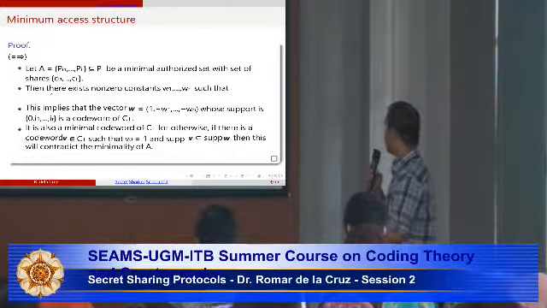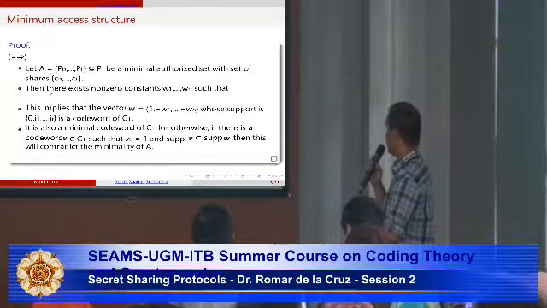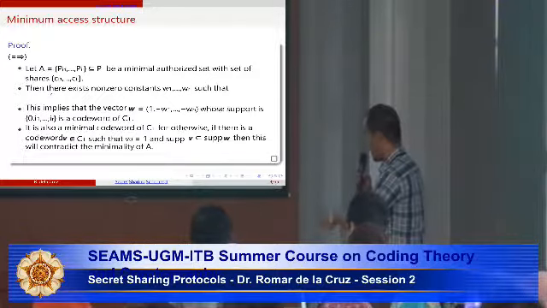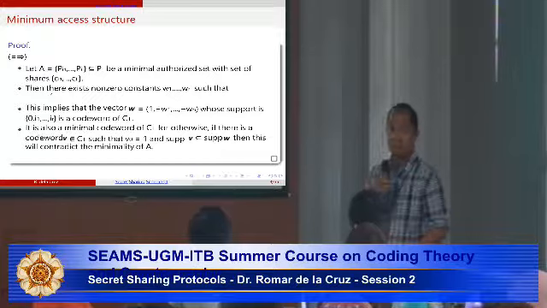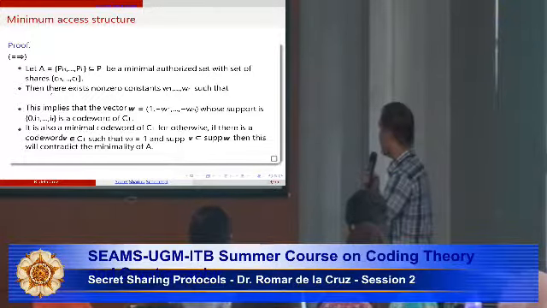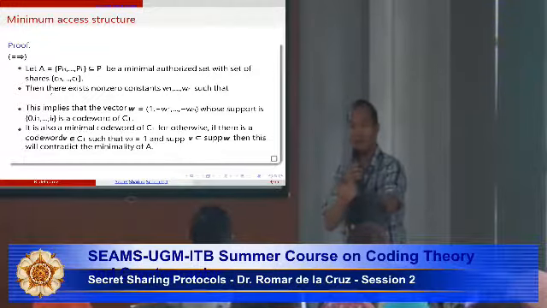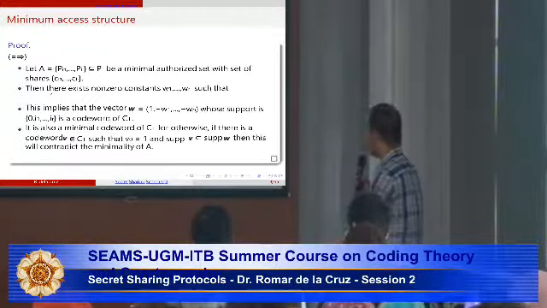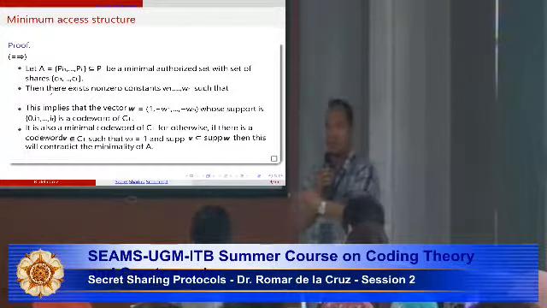If you form this vector, you can check that it will be in the dual code. What this means is the dot product of this code word and the code word used in the secret sharing is 0. That's why it follows that this will be in the dual of C.